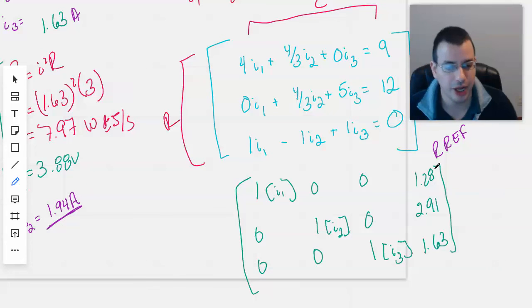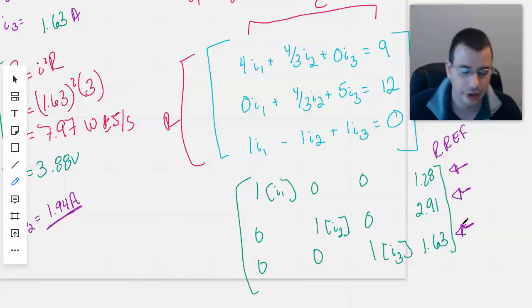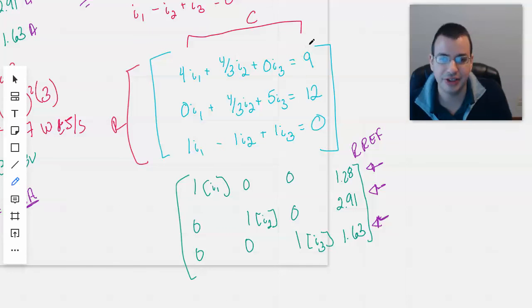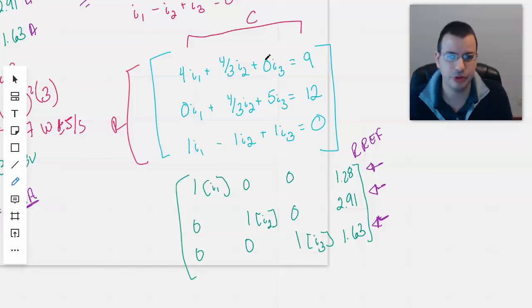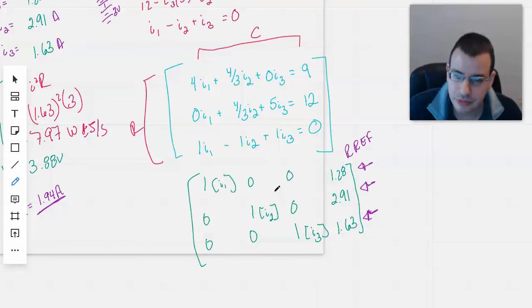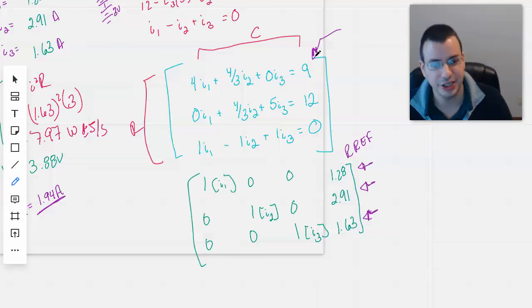And the far right column is what gave us the answers to our currents. And be careful too, if you left these equal to 0, then yes, you move the voltages over to one side. This is the constant over here that things equal to.